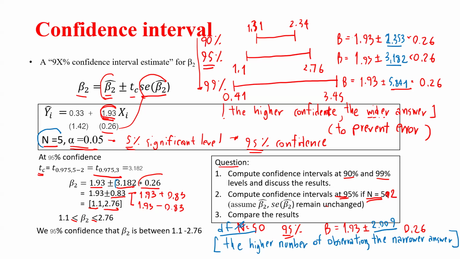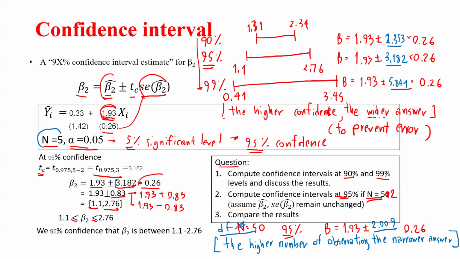So what does this mean? It means if you collect more data, for example, you may first have only a few data, 100, 200, and then you collect more. Yes, the answer is more accurate, because you get the narrow answer, which means your model is better. You can squeeze the answer to be narrower and narrower and narrower.